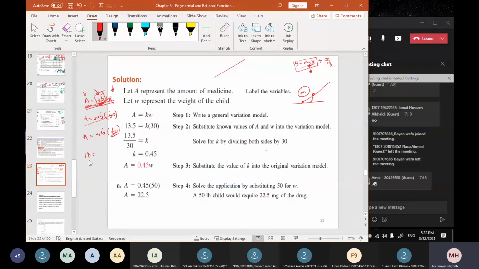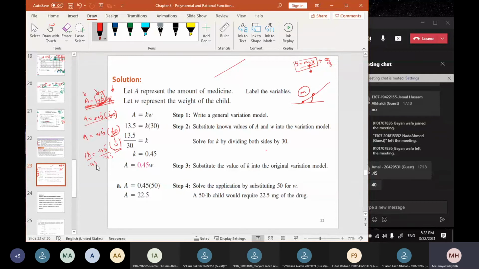So I have this A, and this is 0.45, and then W. I need the W, to which weight? So the W is the subject. I'll divide both sides by 0.45, here by 0.45 and here by 0.45. Correct? So then you can calculate the value, and it will give you the weight of the child. Clear?